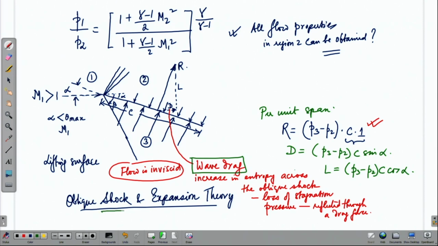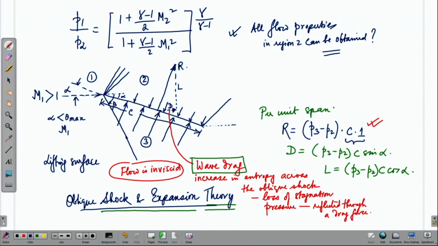Okay. So, we saw the application of shock expansion theory here, but the story is not over. The flow, before it leaves the plate, there will be a compression here, because the flow approximately turns parallel to the incoming free stream, and while it turns, there is an oblique shock formed here.